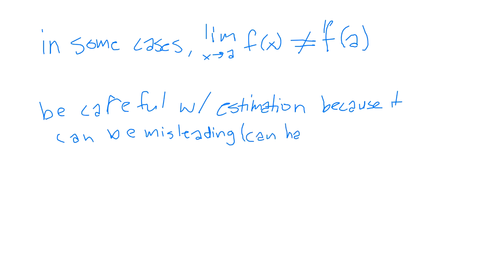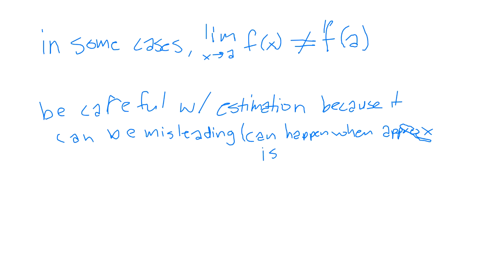So for example, let's say you have a graph and you're trying to find the limit as x approaches 0, and you start your approximation at x equals 1 and go down to x equals 0.01.